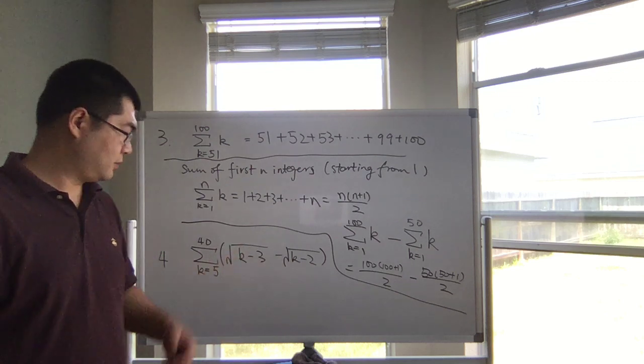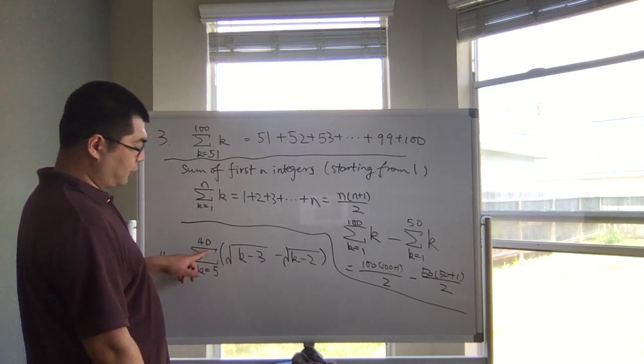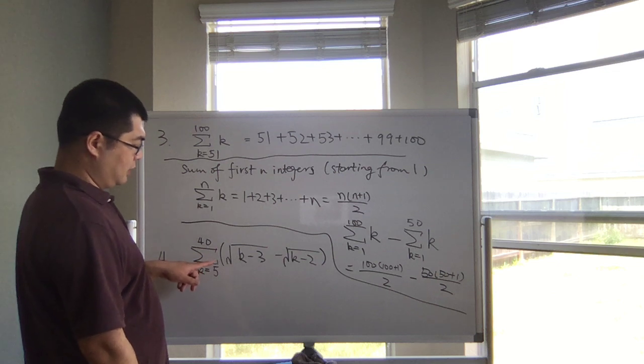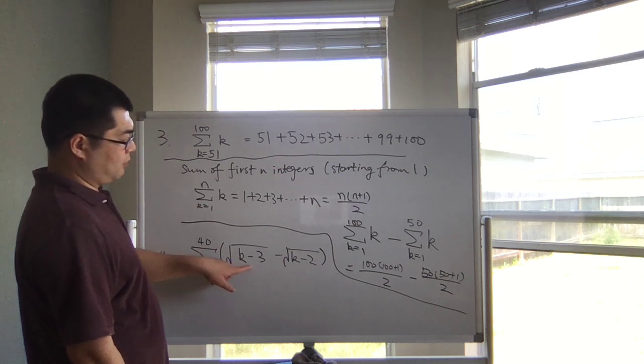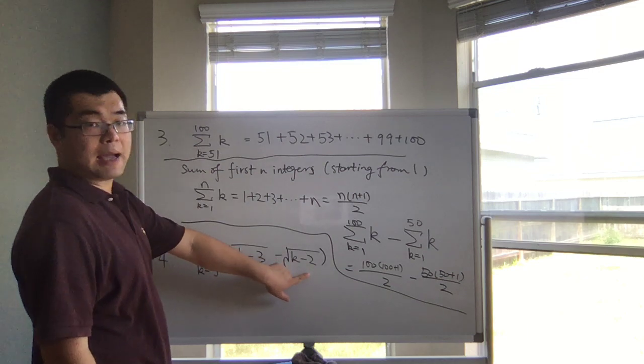Let's look at the last one. So k from 5 to 40, and inside the parentheses is square root of k minus 3 minus square root of k minus 2.